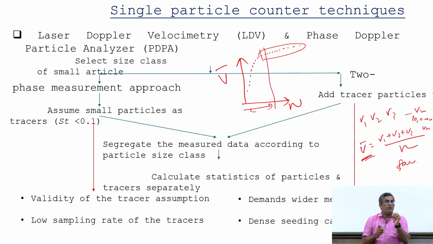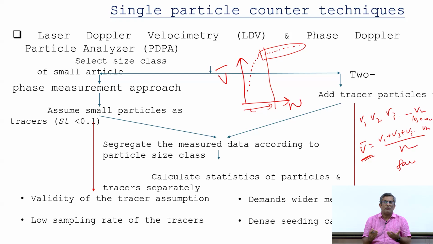Now, if you have a smaller number of tracer particles, or for that matter, a smaller number of particles of any size class, then you may have large uncertainty in the measured statistics. Or else you will have to take the measurements for a very long time.